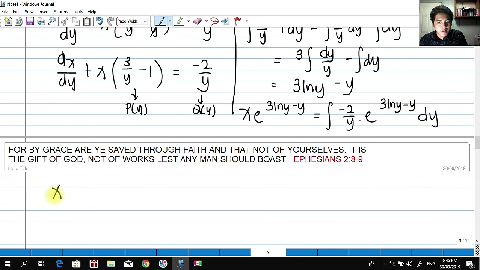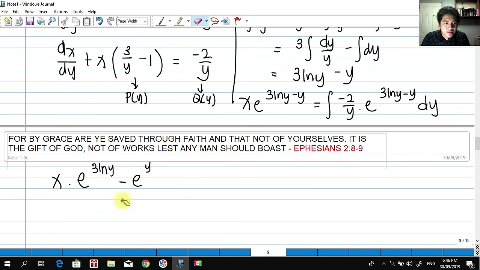We know that by properties of exponents, we can derive e raised to 3 ln y minus y as e raised to 3 ln y, oops, I'm sorry, this is not a minus, but rather this is multiplied by e raised to negative y, because of this form.